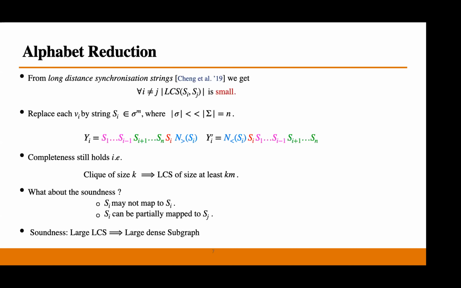It's also possible that Si can partially map to some Sj. We analyze all these different conditions which we get in soundness, and by doing a more rigorous combinatorial analysis, we get that if there exists a large LCS, then there also exists a dense subgraph. As you can see, the soundness guarantee which we get in this condition is from the densest k-subgraph.